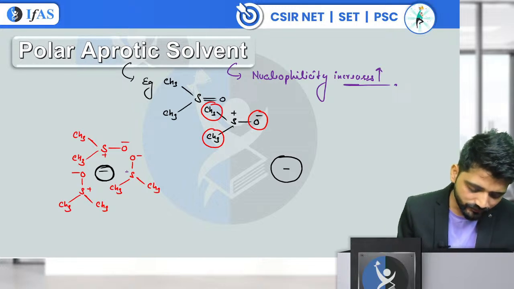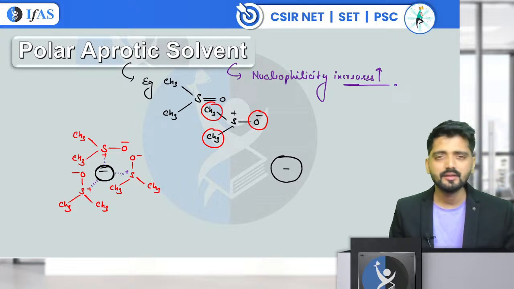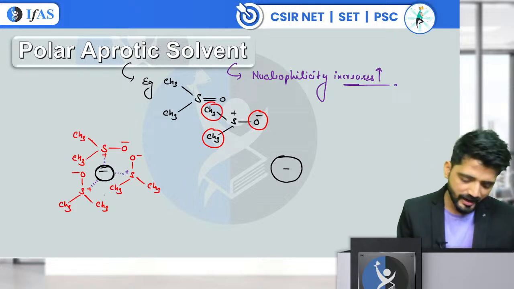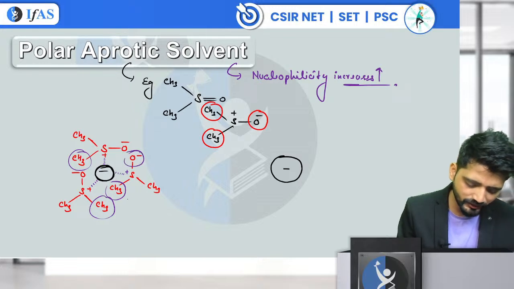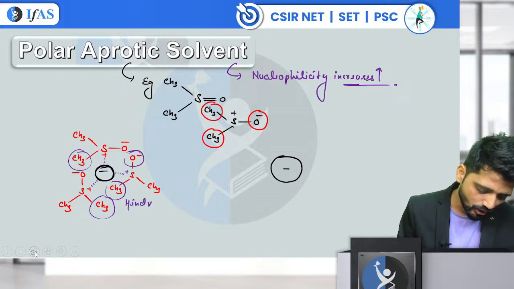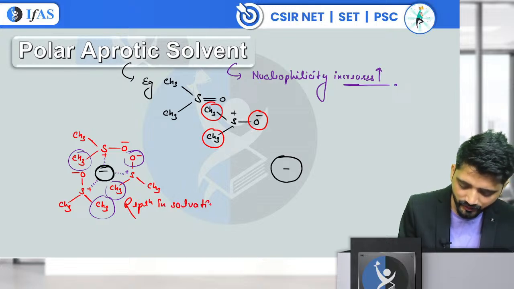This positive charge was approaching in order to gain some stability with the anion, but since the DMSO molecule has larger size CH3s and O minus with electron density, there is a strong hindrance, or we can say a strong repulsion in the solvation sphere.